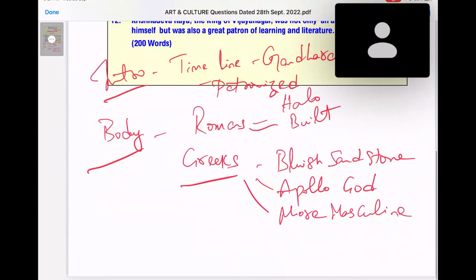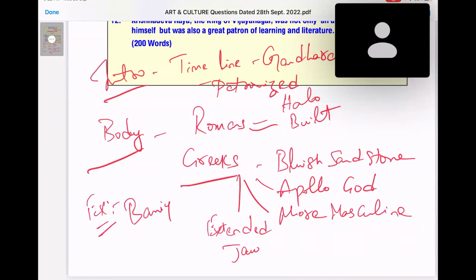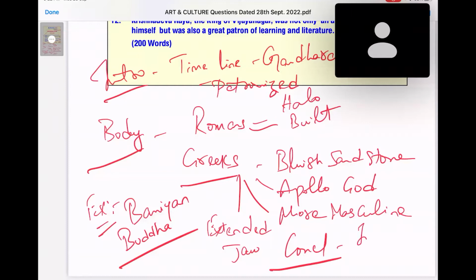Here, extended jaw. And then you can give the examples of Bamiyan Buddha. And then conclude by giving how important this school of art is to depict the confluence of various cultures.